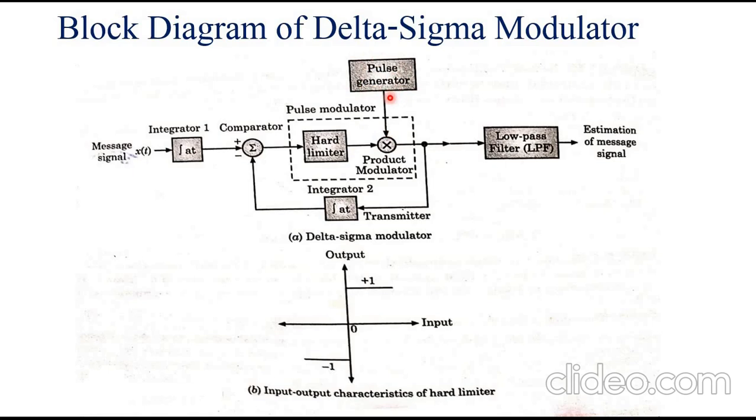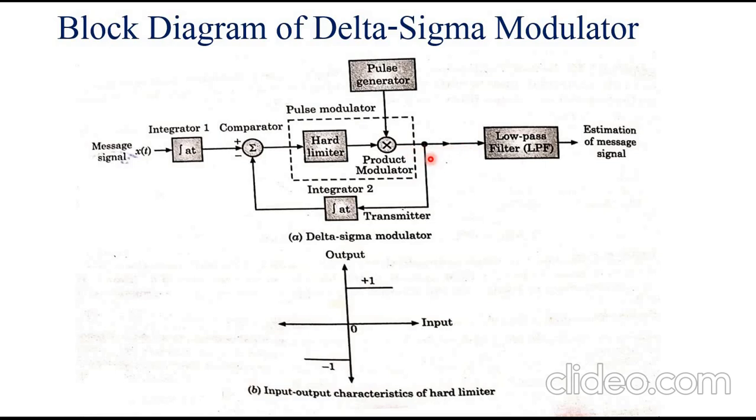The frequency of the clock pulses should be higher than the Nyquist rate. At the output of the product modulator, we get the sampled version of the limiter output, and it is transmitted over the communication channel, thus transmitting a 1-bit encoded signal.